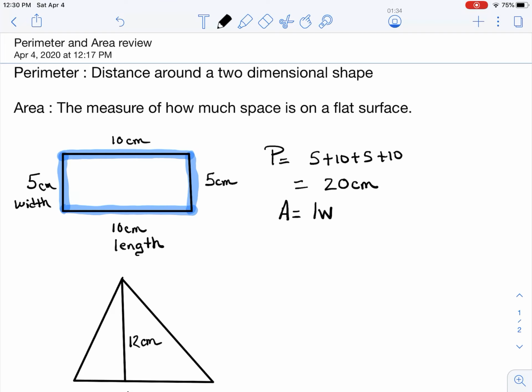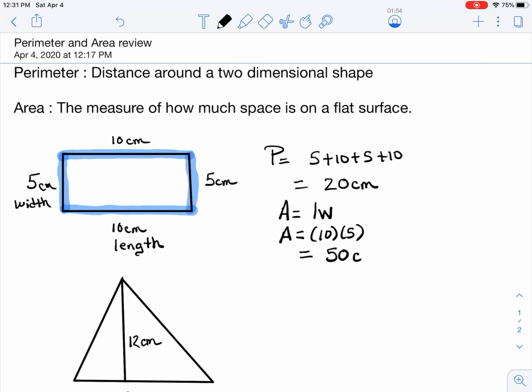If you make 5 the length and 10 the width, you would just make the argument that you're looking at the rectangle from a different perspective, and that's totally fine. And you just want to substitute in for the formula, so 10 for length and 5 for width. So your area would be 50.